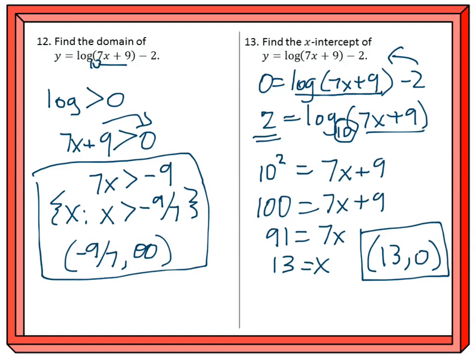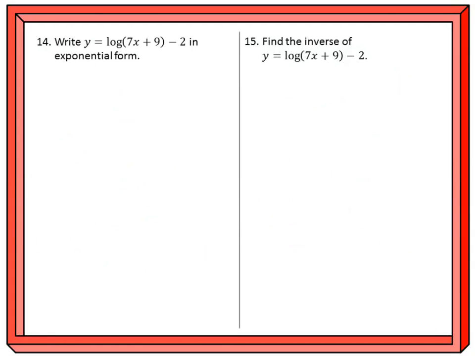There we go. Alright, so the next two problems are still dealing with the same equation. So we're going to write this in exponential form. Remember that a logarithm and an exponential have two relationships here. It is both an exponential and an inverse of an exponential.